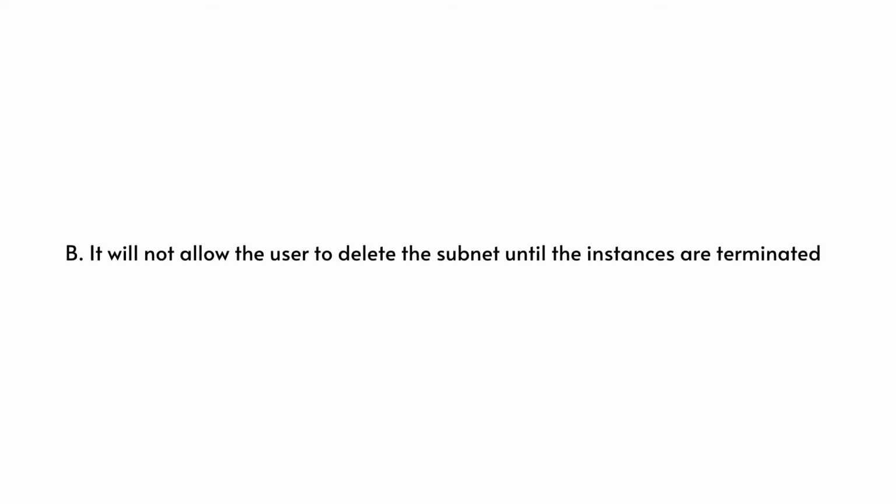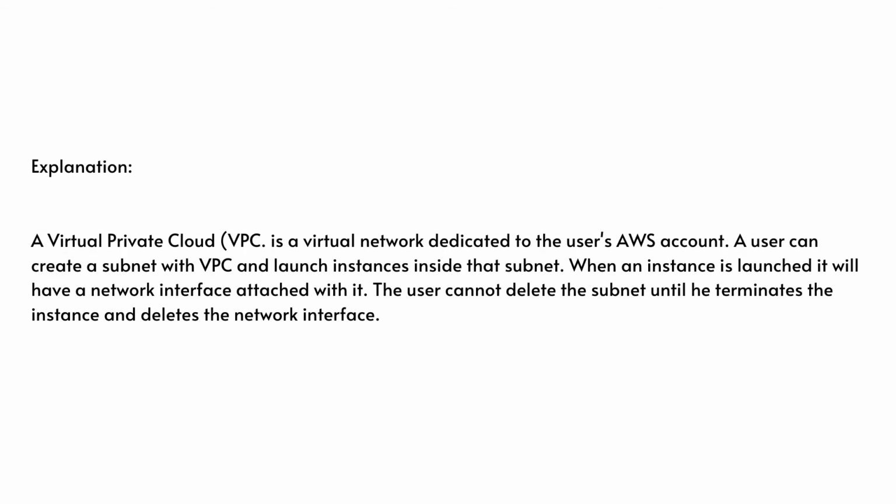The correct answer is option B. It will not allow the user to delete the subnet until the instances are terminated. Explanation: a virtual private cloud (VPC) is a virtual network dedicated to the user's AWS account.